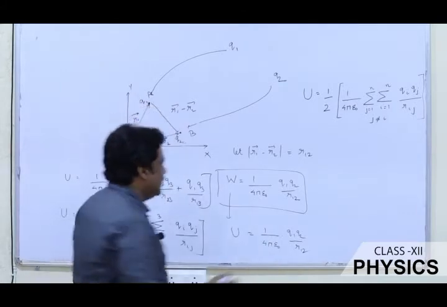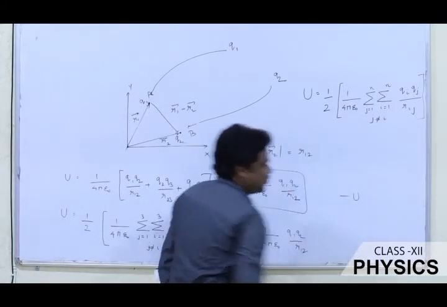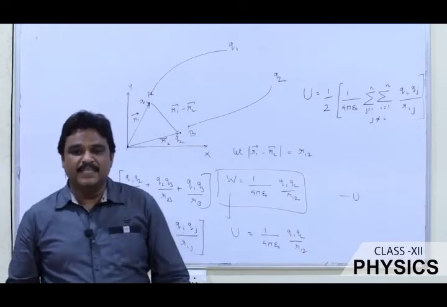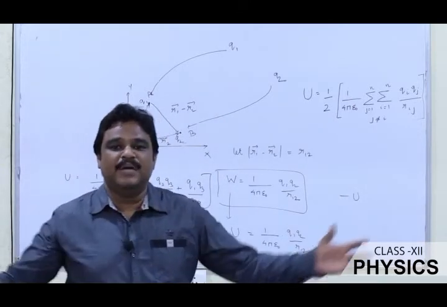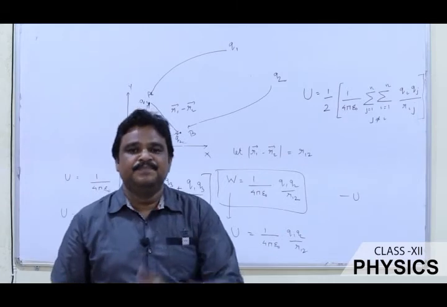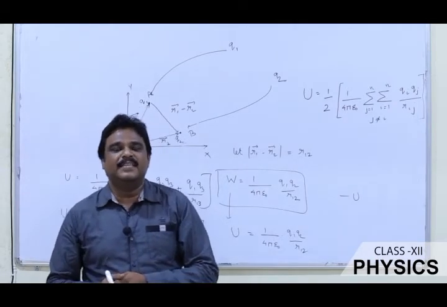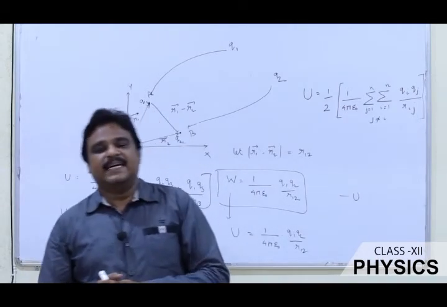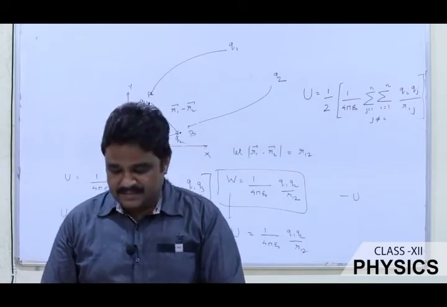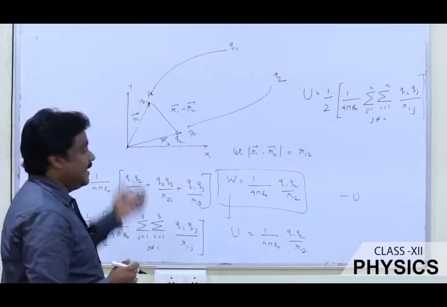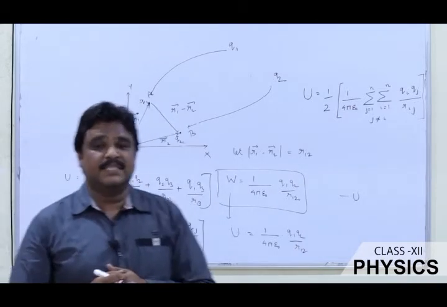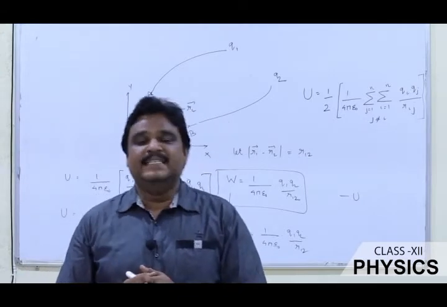So in that case I am going to put minus U. That's all. This means U is the energy required to associate the charges of the system, whereas minus U will be the energy required to dissociate the charges of the system. So this is our second topic, that is electrostatic potential energy due to a system of point charges.